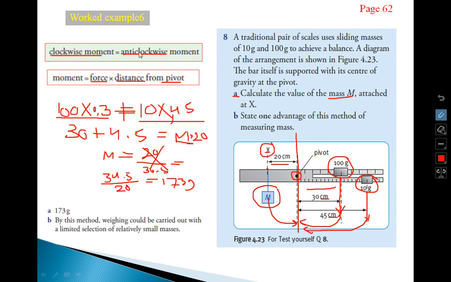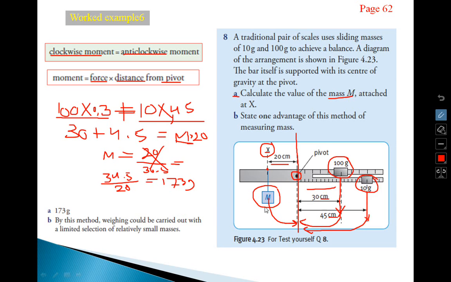Clockwise moment is equal to anti-clockwise moment. Those ones here are clockwise moments with different distances, 30 centimeter, 40 centimeter, could be in meter or centimeter.